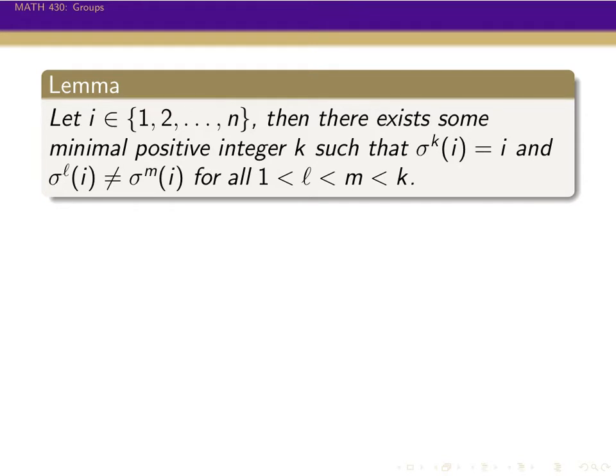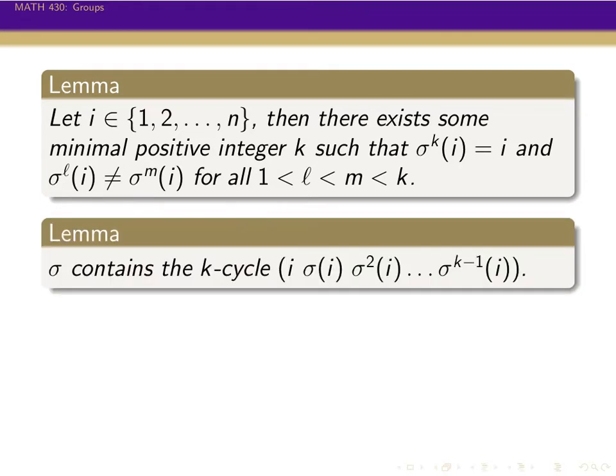Okay, so there's the lemma we just proved. Now, using this lemma, we are going to prove another lemma, which follows pretty quickly from our first one. Assuming the same notation as before, suppose that for some i, the list i, sigma i, sigma squared i, up to sigma to the k minus 1 of i has no repetitions in it.